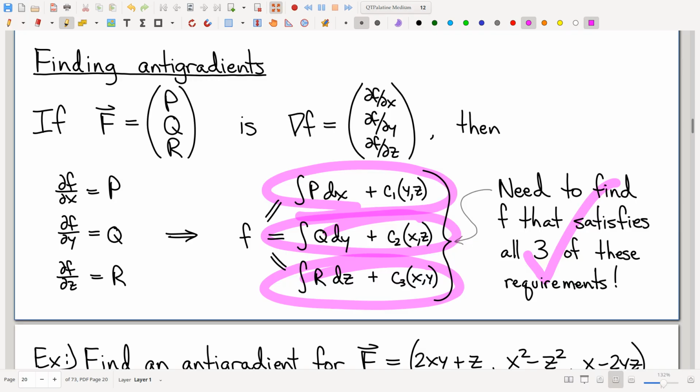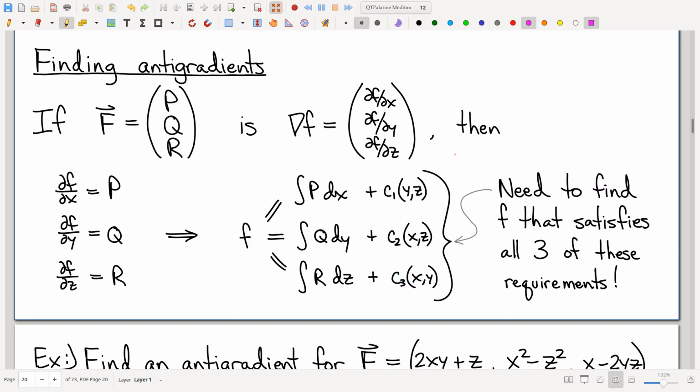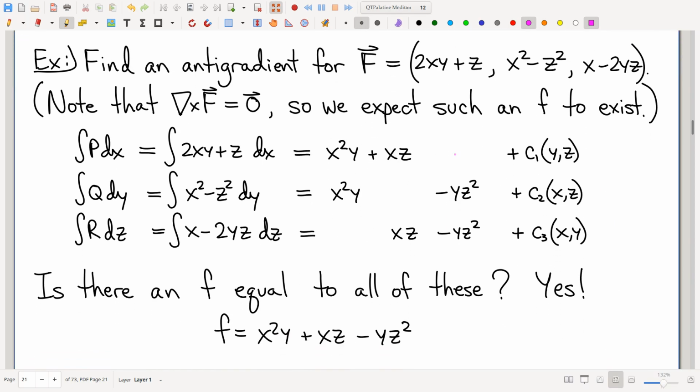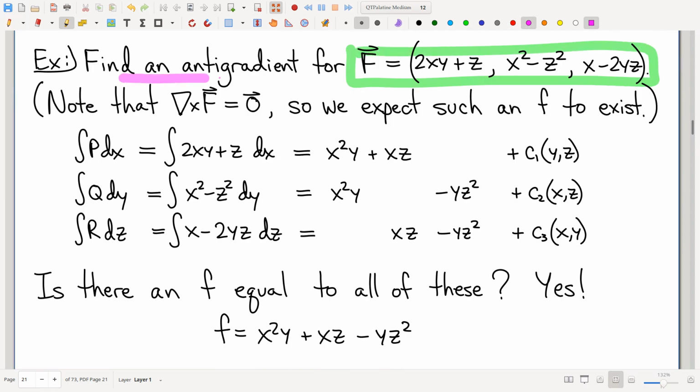I'm going to show you an explicit version in just a moment, but the game will be: write down these antipartials, don't forget to add in your partial constant functions, and then try to figure out what those partial constant functions could be to make everything fit. Let's do one. So here is a vector field, and I would like to know what the antigradient is.